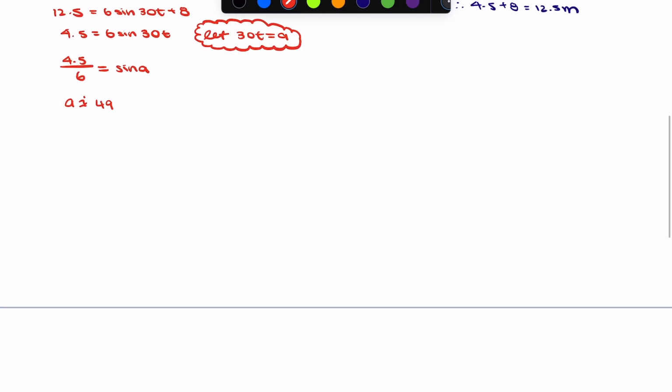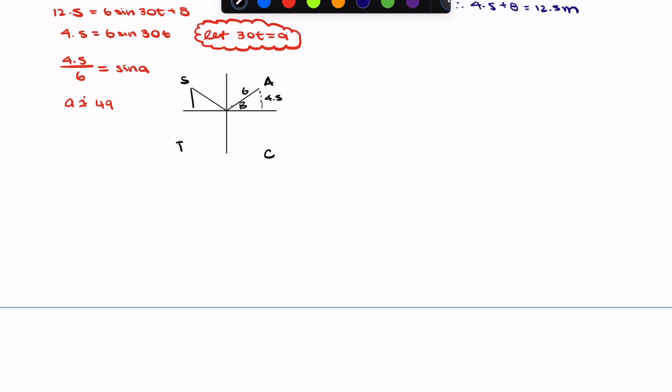So here, if we draw our grid, we see that this has to be when sine is positive, so it'd be in quadrant 1 and quadrant 2. So here, if this is our beta, we see that this would be 6, this would be 4.5.